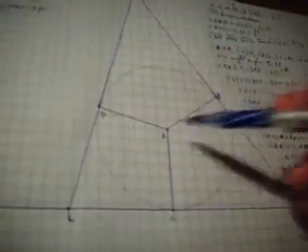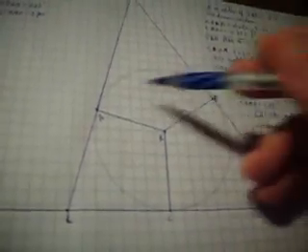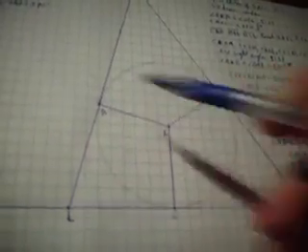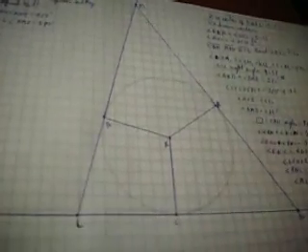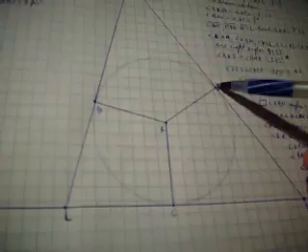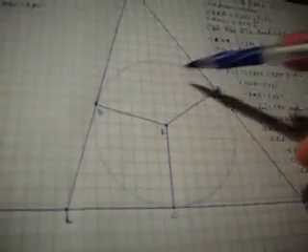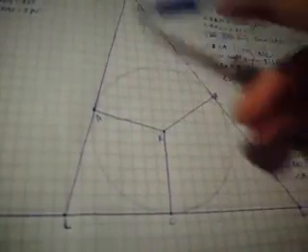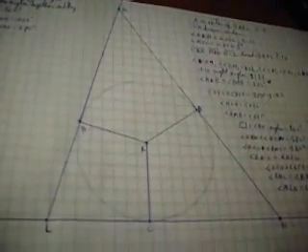Now we've already established that KAM and KBM are 90 degree angles. So that's 180 degrees. Here we go. Angle AKB and angle AMB, if you were to add those degrees together, you would also get 180 degrees.